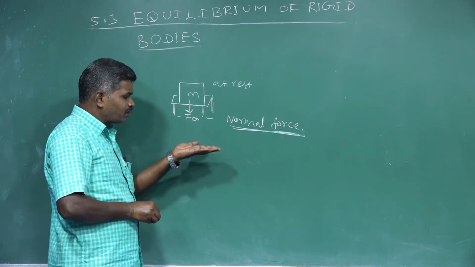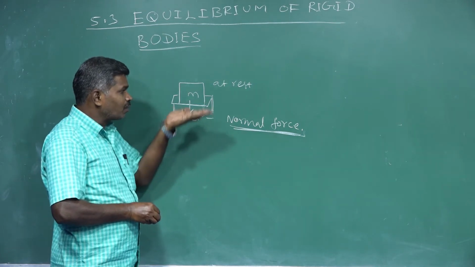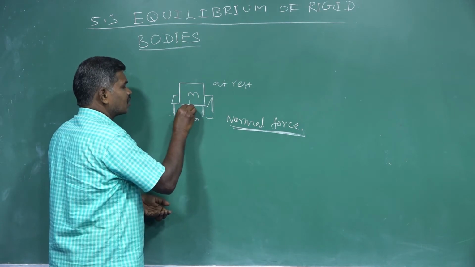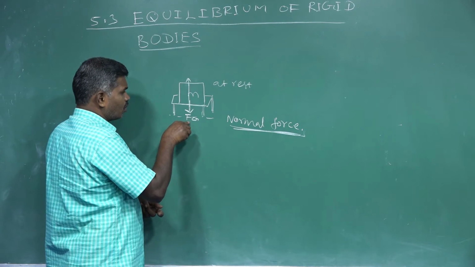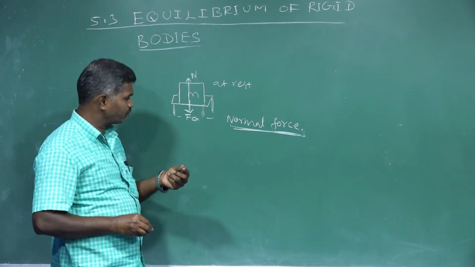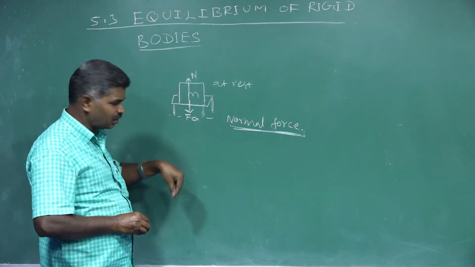Then from the table surface to the bottom of our mass object, another force acts in the reverse direction. So the normal force is acting in the upward direction, and the gravitational force is in the downward direction.